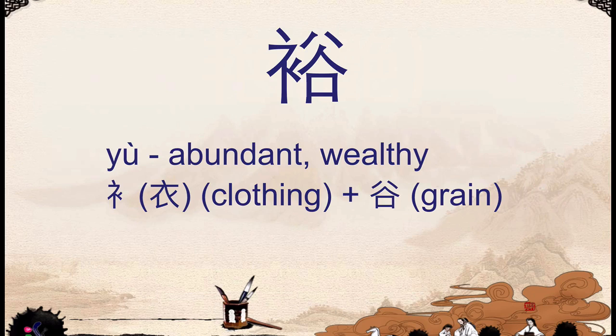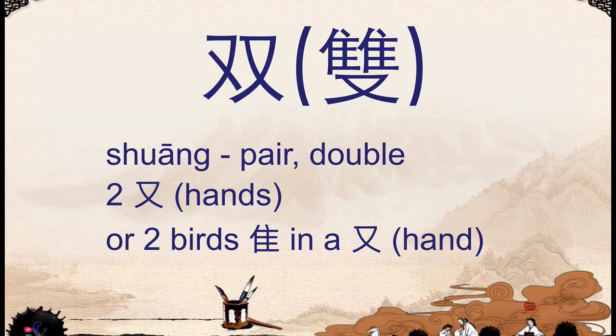Another example, yu, this means abundant or wealthy. So this character is a combination of the left-hand side, yi, which means clothing, and the right-hand side, gu, which means grain. So you've got clothing and you've got grain, and this means that you have abundance or wealthy, well off. This character is shuang, which means pair or double.